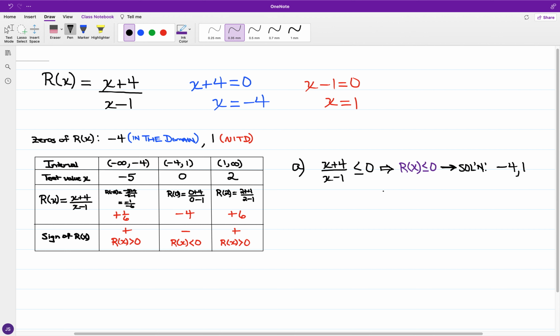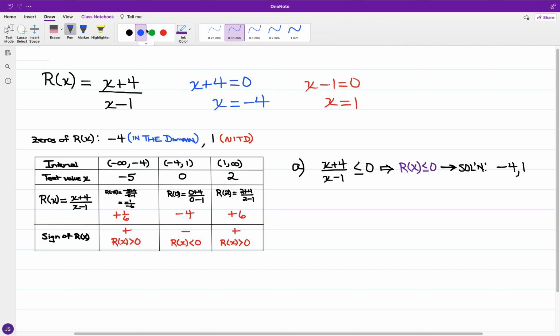Now the inequality has the equal sign, and this signals that we might have a bracket. If I didn't have the equal sign, automatically, if there were any interval solutions, we would have just parentheses. And now for the equal to 0 part, you can only put a bracket around the 0 that is in the domain. So -4 is in the domain, 1 is not in the domain.